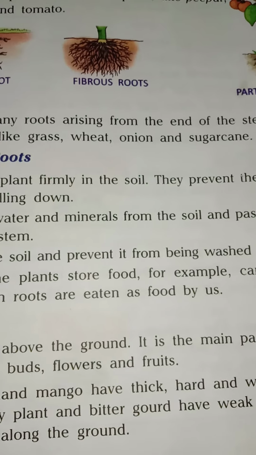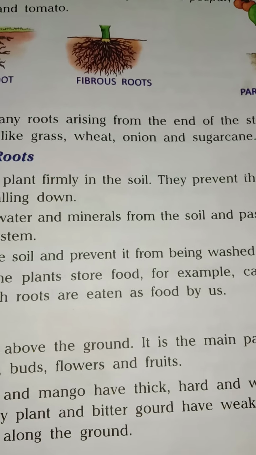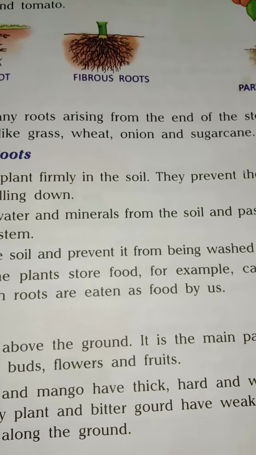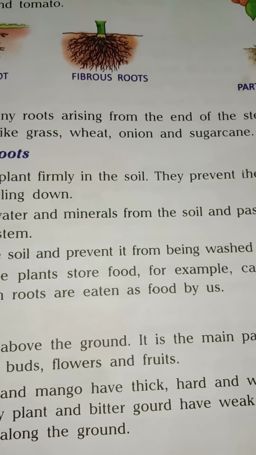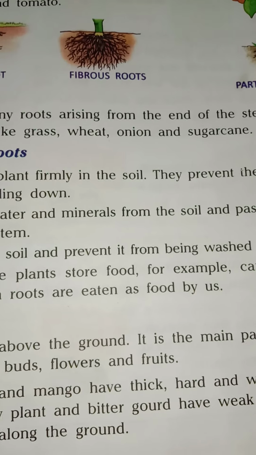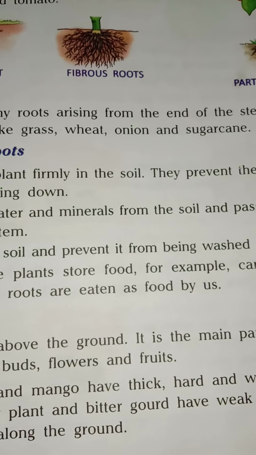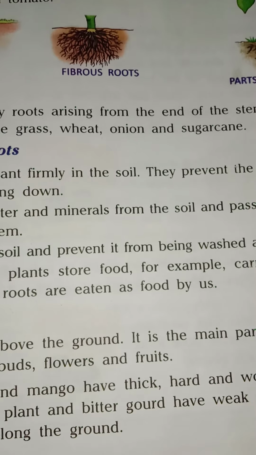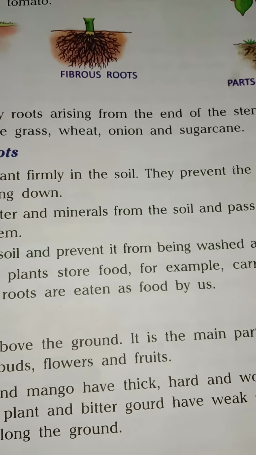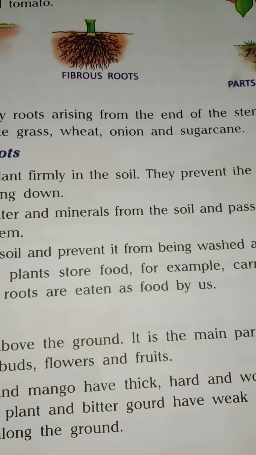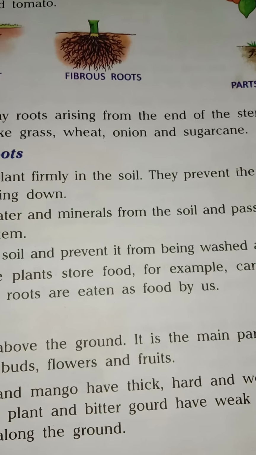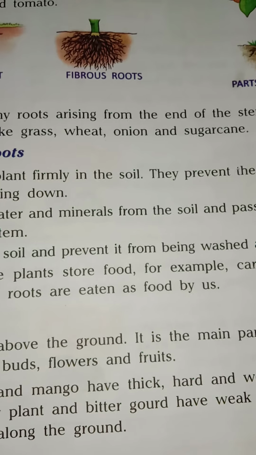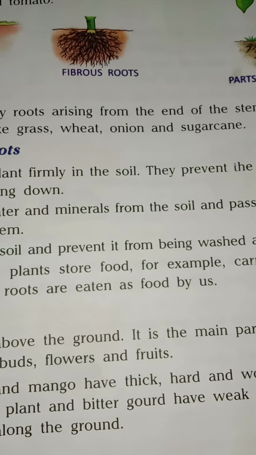The stem grows above the ground and it is the main part of the shoot because the rest of the parts of the plant, such as branches, buds, leaves, flowers and fruits, grow from the stem. Without a stem, all these parts of the plant cannot grow.